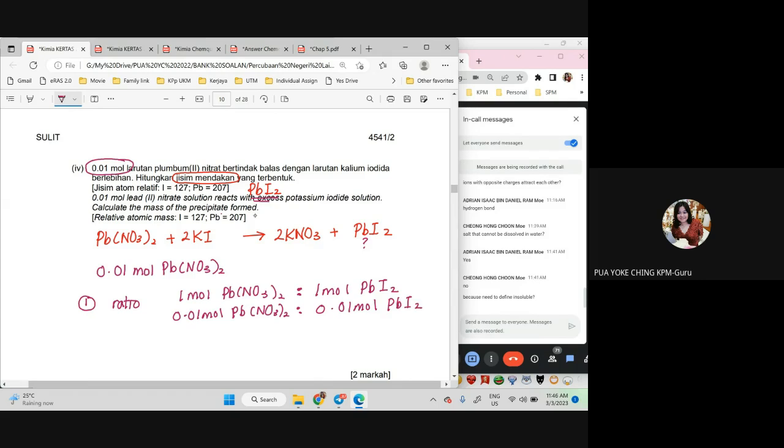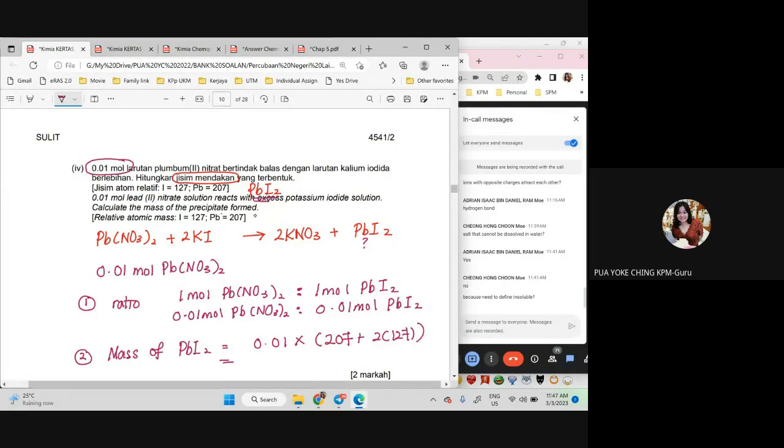So this is the ratio. So after you get the ratio, then barulah kita boleh kira mass. So mass of PbI2 equal to 0.01 times PbI2. So it's 207 tambah 2 darab 127. So it's 127 times 2 plus 207 times 0.01.